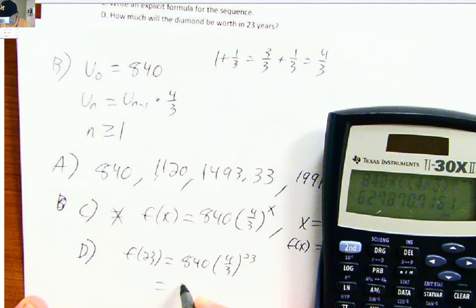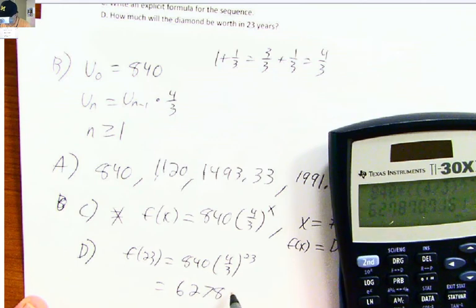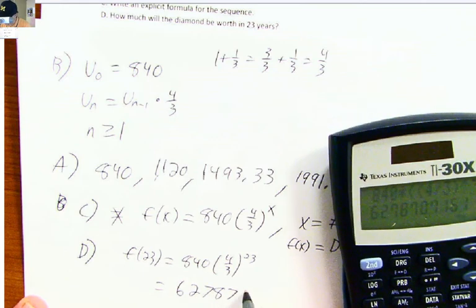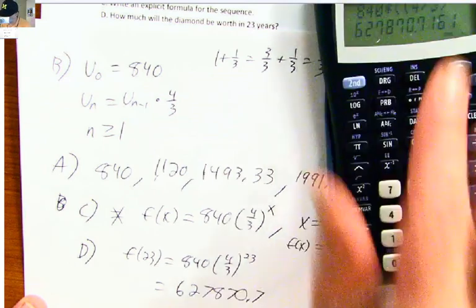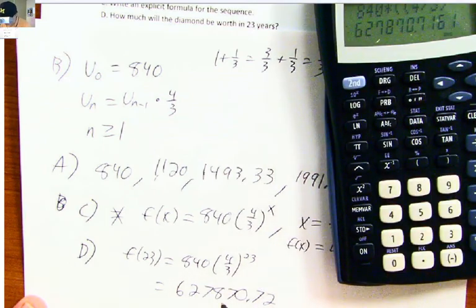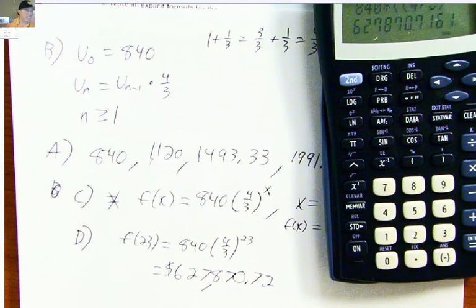And my number is 627870.7. I'm going to raise that up to 72 cents. So nice. $627,870.72. I'm really glad I bought that diamond.